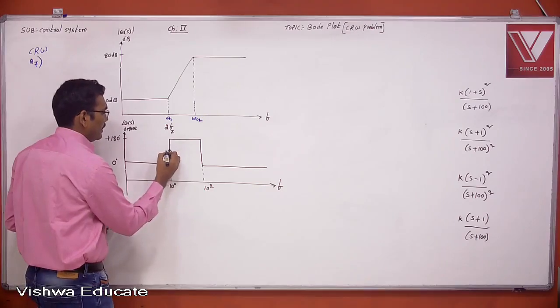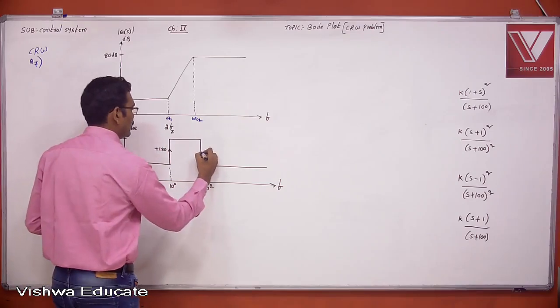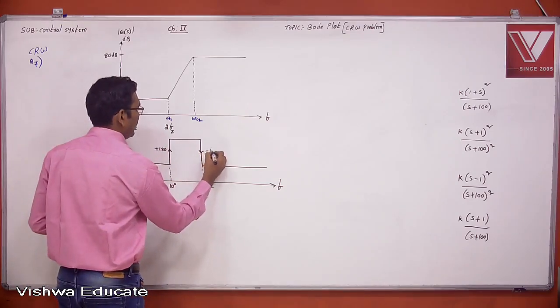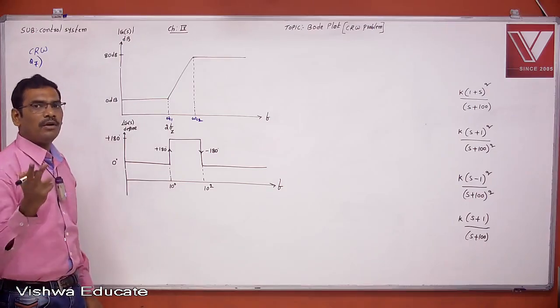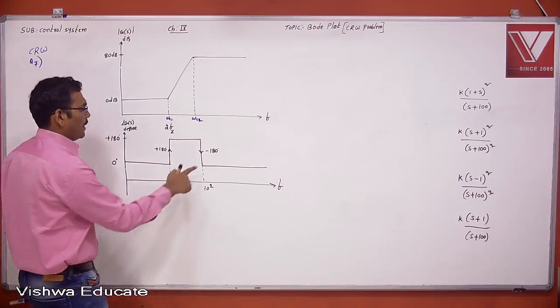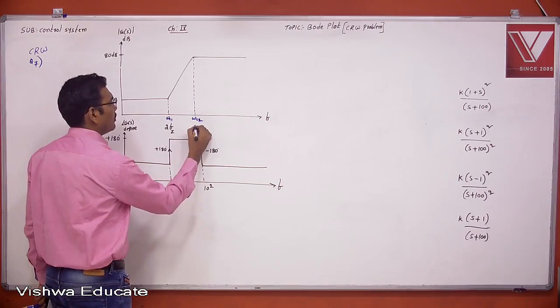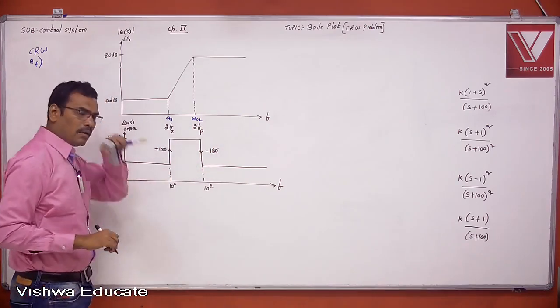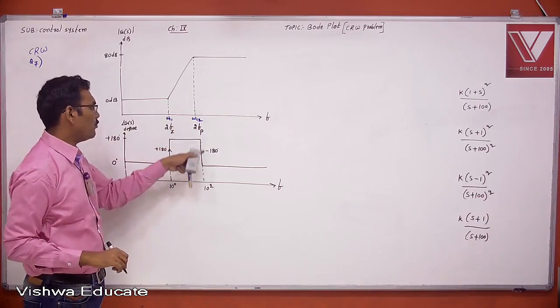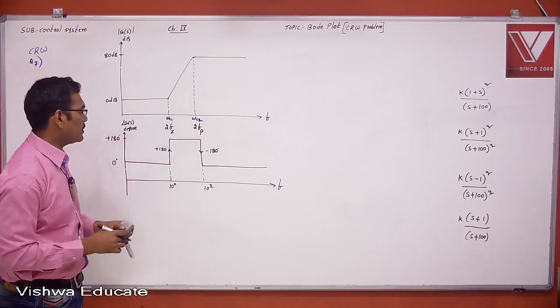Here it is added by plus 180 degrees, and here it is added by minus 180 degrees. Minus 180 degrees is because of two finite poles at a particular corner frequency.